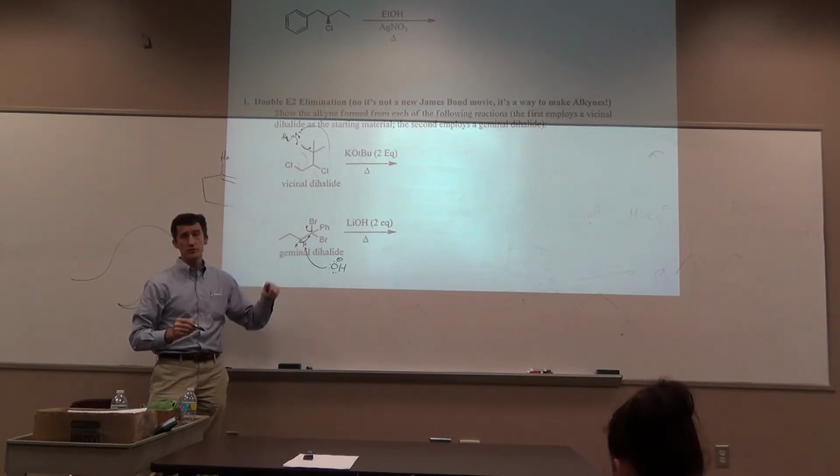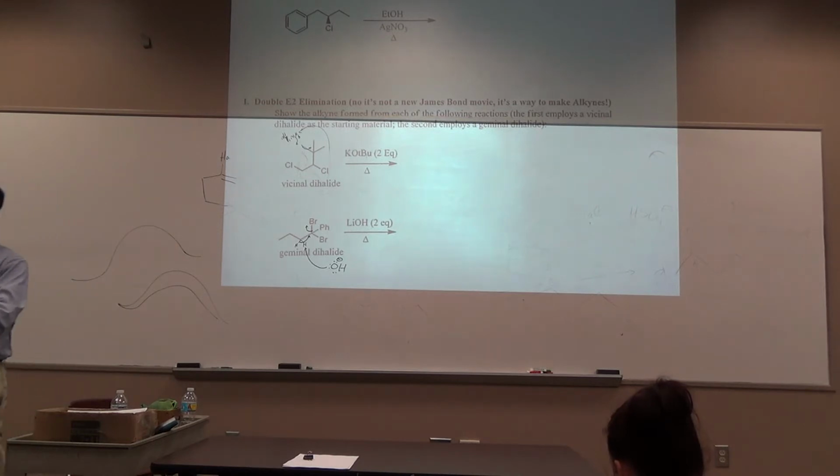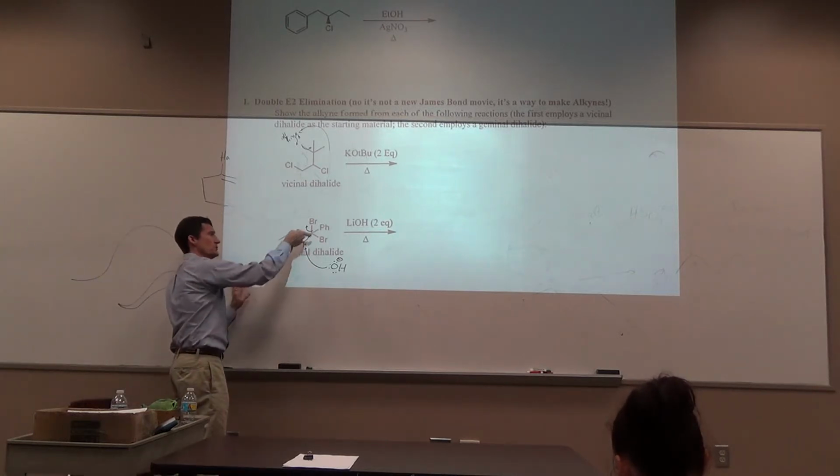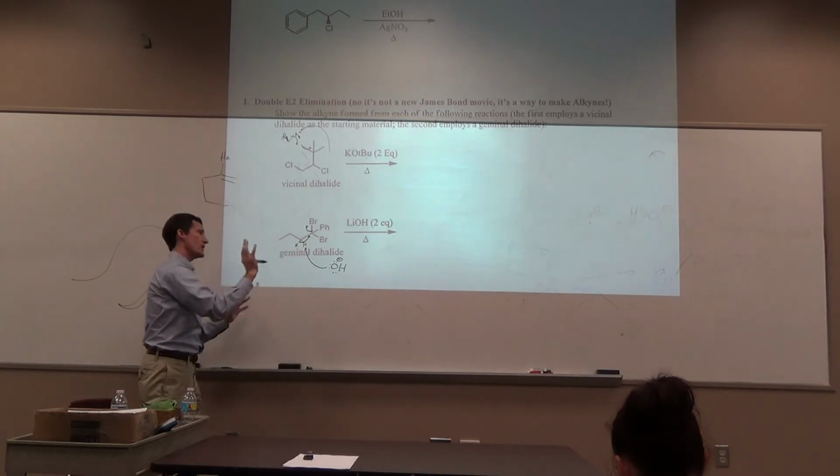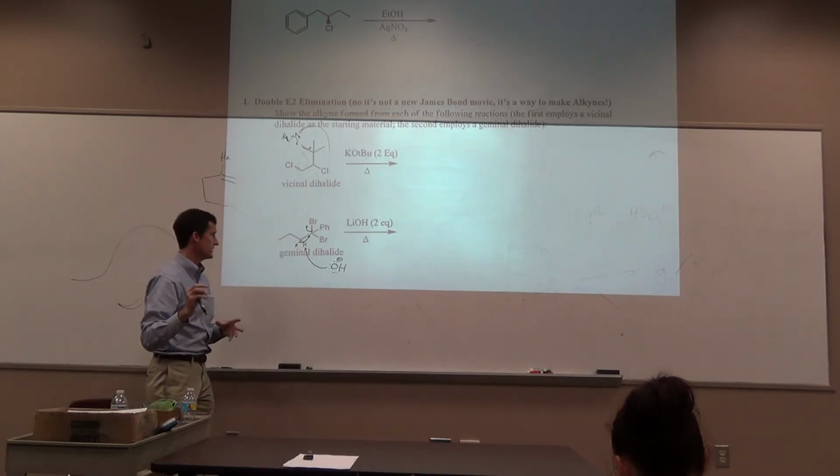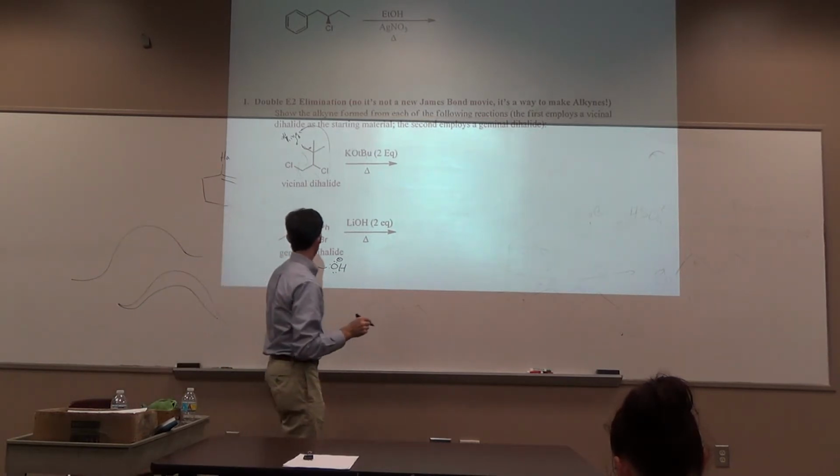Now the H and the leaving group you're kicking off here have to be anticoplanar. But if you've got two H's, it really doesn't matter, because one can be. There's also no stereochemistry here, so this is not quite like the one you're doing in the lab, which has stereochemistry.